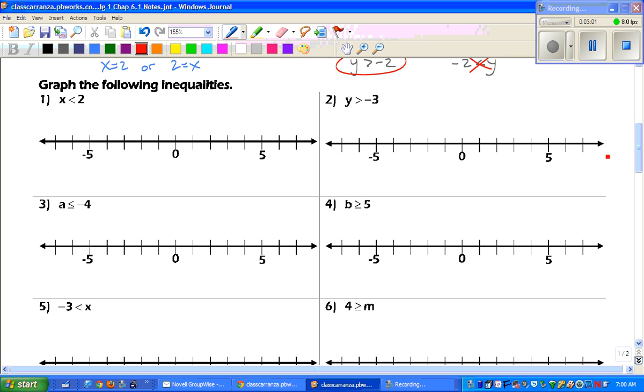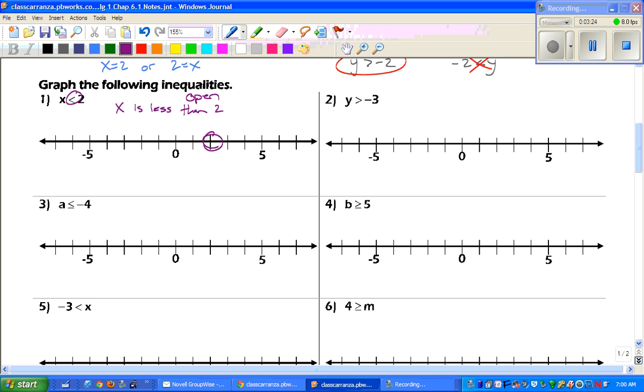It says graph the inequality x is less than 2. So what I want to know is, is this open or closed? Okay, this is open because of this symbol. So this is saying x is less than 2.